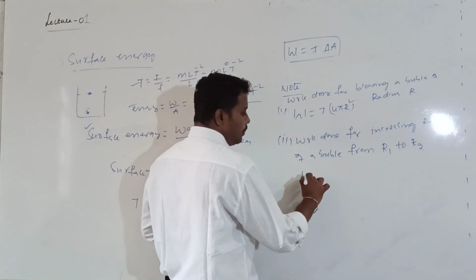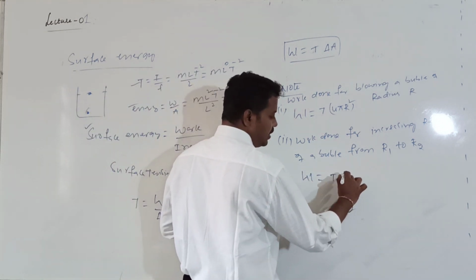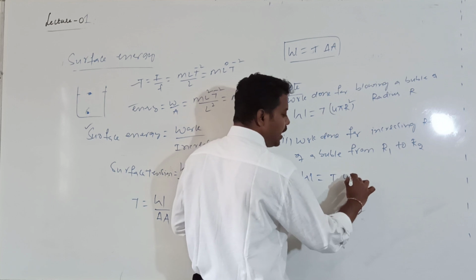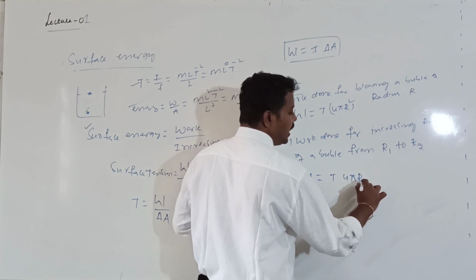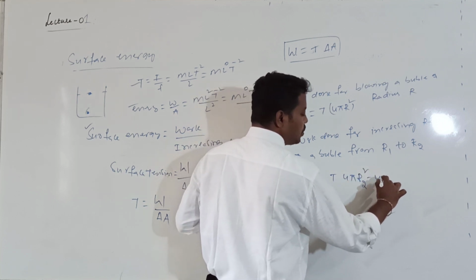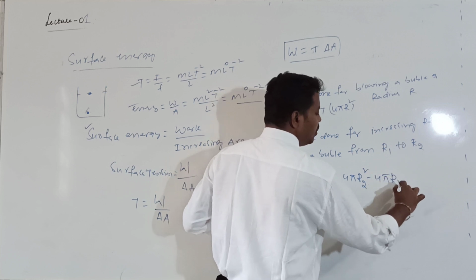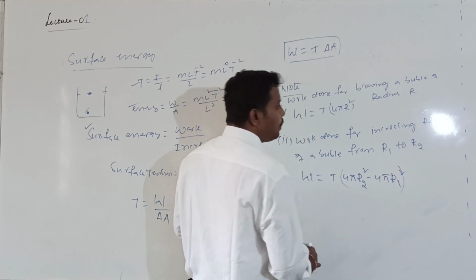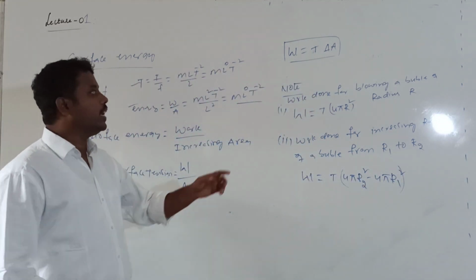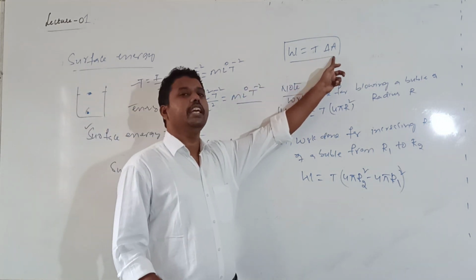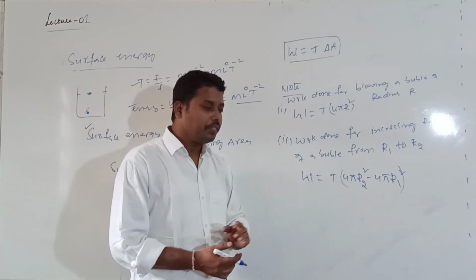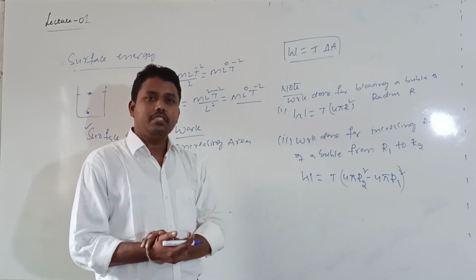The work done is given by W is equal to surface tension T times the change in area. The initial area is 4 pi R1 square, the final area is 4 pi R2 square. Then what will I get? 4 pi R2 square minus 4 pi R1 square gives the total change in area. This is the formula, where T is the surface tension.